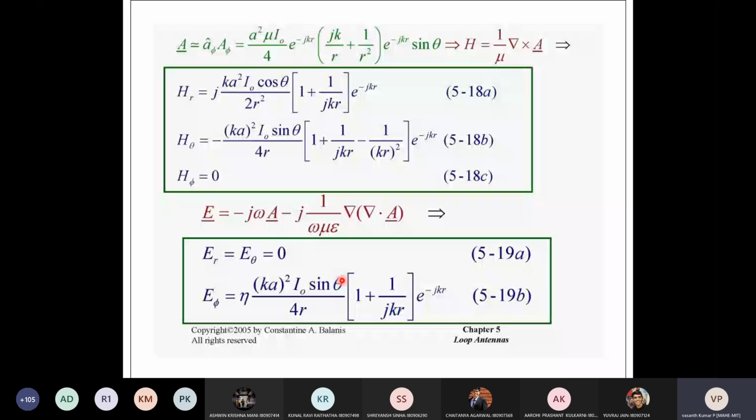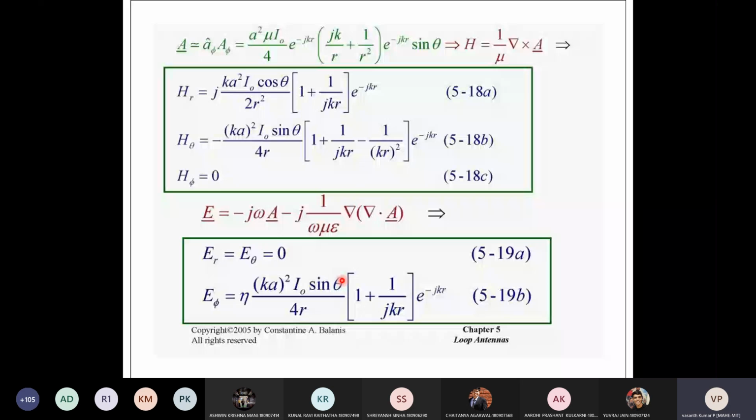So how do we start? If you want to start with an infinitesimal magnetic dipole, you have to take IM, X dash, Y dash, Z dash. Okay, then you have to get F from IM, F theta, F phi, and then find out E using E is equal to minus 1 by epsilon curl of F. Okay, something like that is there.